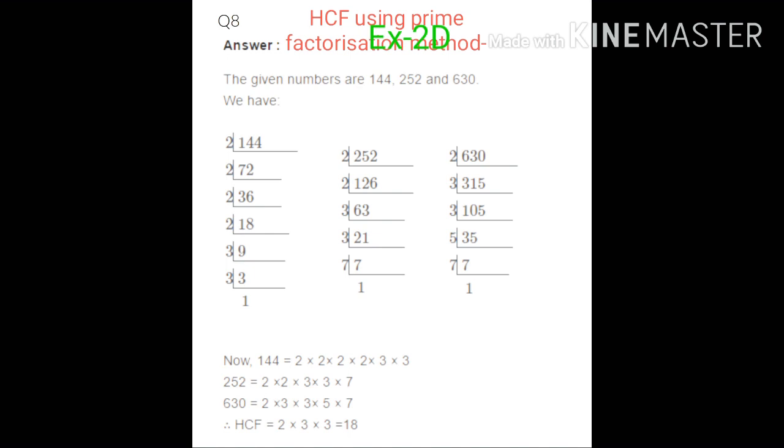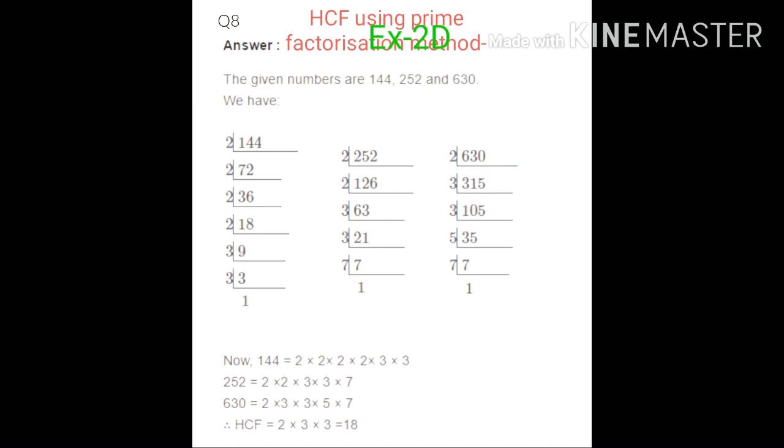Now 144 can be written as 2 to the power 4 into 3 to the power 2. 252 can be written as 2 to the power 2 into 3 to the power 2 into 7, and 630 can be written as 2 into 3 to the power 2 into 5 into 7. By seeing the common ones, we know that our common is 2 into 3 to the power 2, that is 2 into 3 into 3, that is 2 into 9, which is 18. So 18 is the HCF of the given numbers 144, 252 and 630.